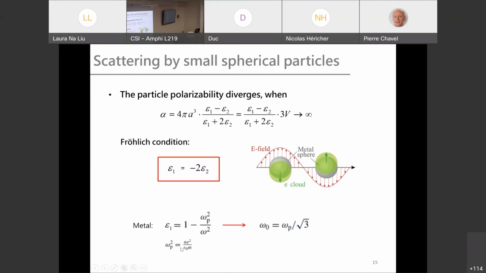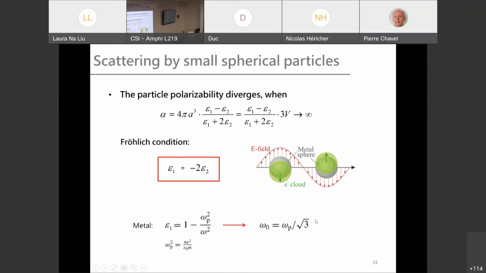The plasma frequency is equal to n times E square divided by epsilon 0 times m. So n is the electron density and E is the charge. Epsilon 0 is the vacuum dielectric constant. So then in the end, for this spherical nanoparticle, we can get the resonance frequency, which is omega p divided by square root of 3.